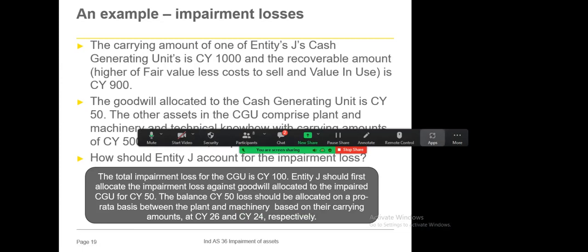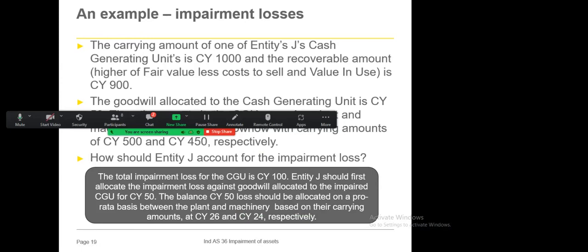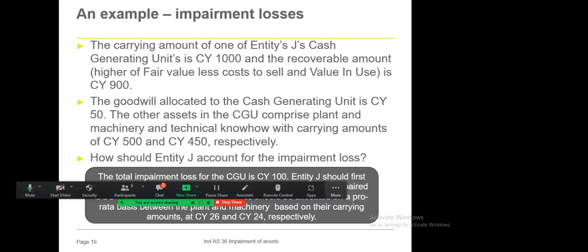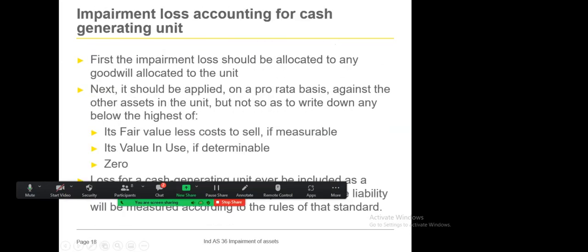You have divided 50 rupees to the goodwill and the balance 50 rupees to plant and machinery and to the know-how in the ratio of the carrying values of 500 and 450. This is what was mentioned on our previous slide. First the impairment loss should be allocated to any goodwill allocated to the unit, and the balance should be allocated to the other assets.